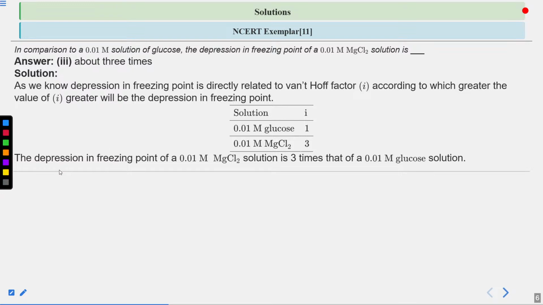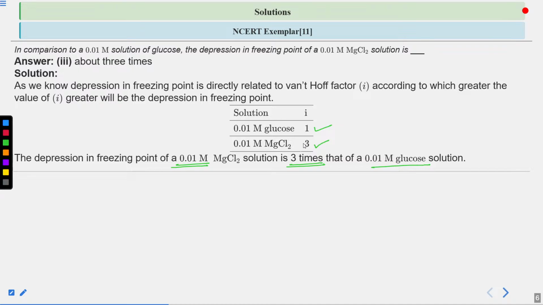So the depression in the freezing point of 0.01 molar MgCl2 solution is 3 times that of the 0.01 molar glucose solution. Clearly, right? Because the depression in freezing point is directly related to the i factor, the Van't Hoff factor, and you can see the i value for the glucose solution is 1 and for the MgCl2 solution is 3.